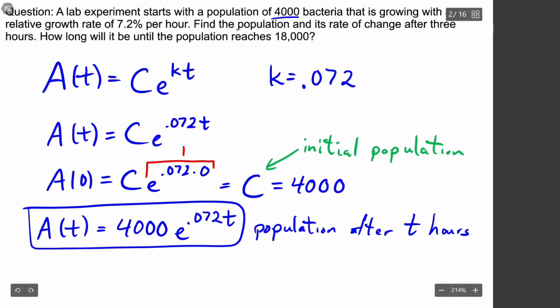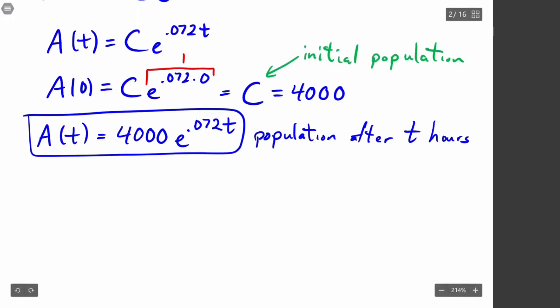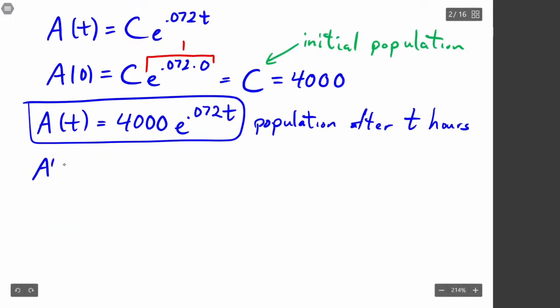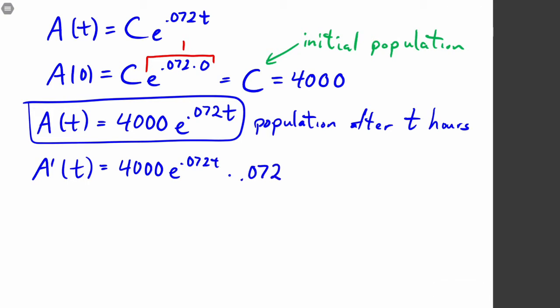Now, that's this part done. Let's find its rate of change after 3 hours. There we're looking for A'(3), which means we want A'(t) first. So it'll be 4,000 e^(0.072t) times 0.072. Let's pull this up on the PC here.